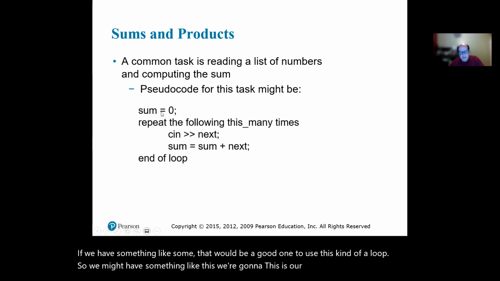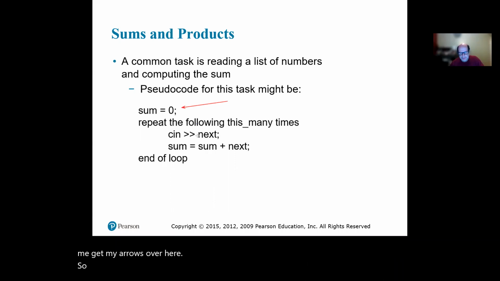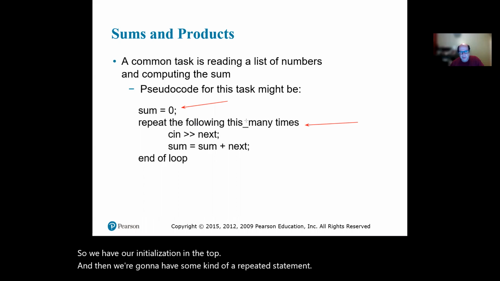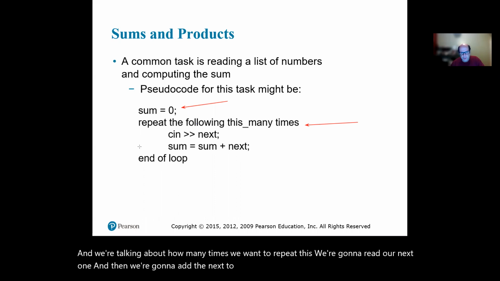We have our initialization at the top, and then some kind of repeat statement. We talk about how many times we want to repeat this. We read the next one, add the next to the sum, and end of loop. So this is typical pseudocode.